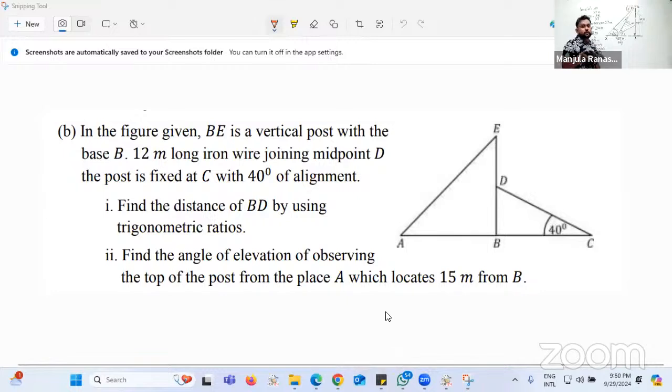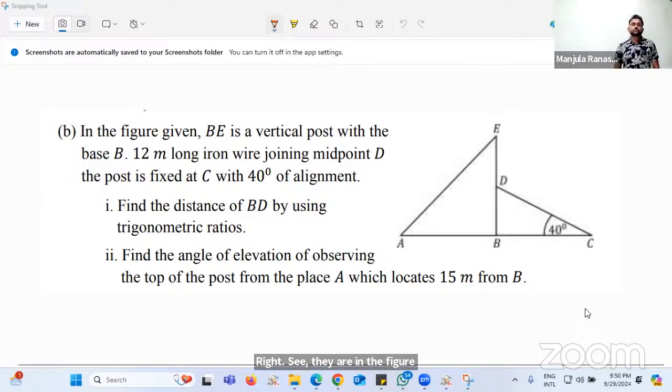See the question, right? In the figure given, B is the vertical post with the base B, and a 12-meter long iron wire joins the midpoint D. The post is fixed at C with a 40 degree alignment, right?